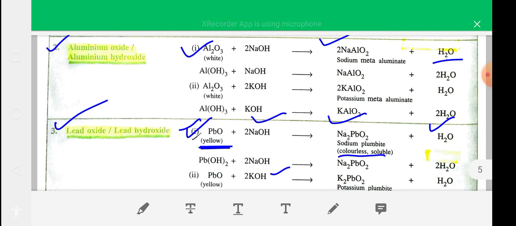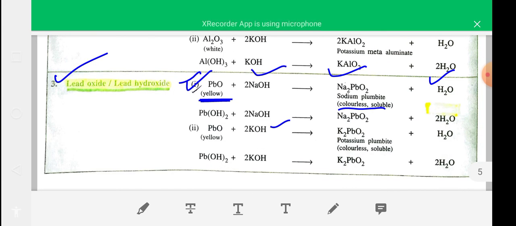So yellow colored lead oxide when treated with sodium hydroxide or potassium hydroxide forms a colorless soluble salt, sodium plumbite or potassium plumbite, and water.